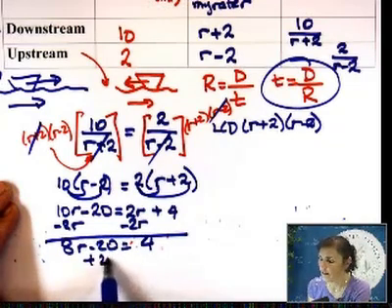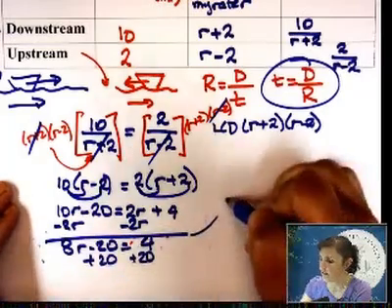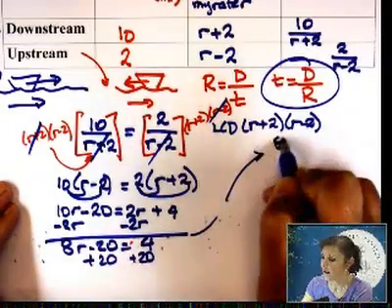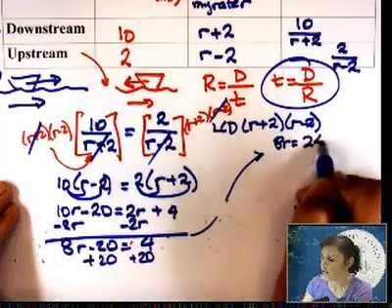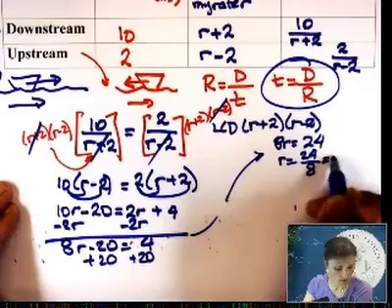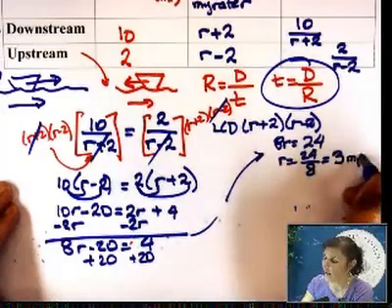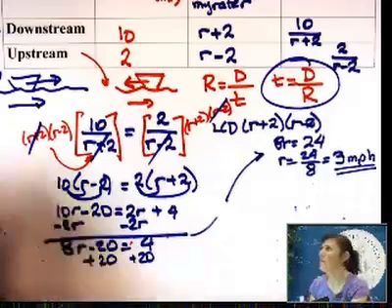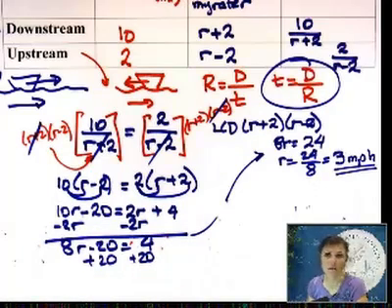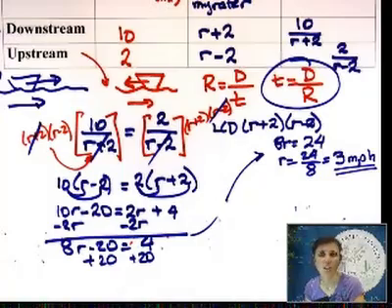Add 20. 8R equals 24. R equals 24 over 8, which is 3. 3 what? 3 miles per hour. And that is the rate of my canoe. That's how fast I canoe on that river with a current.